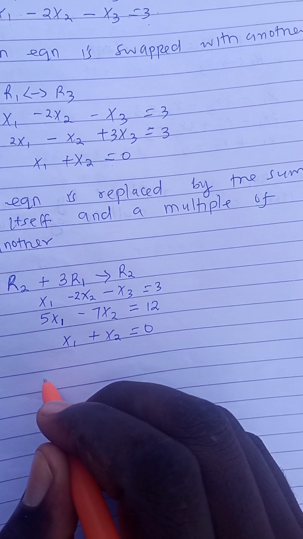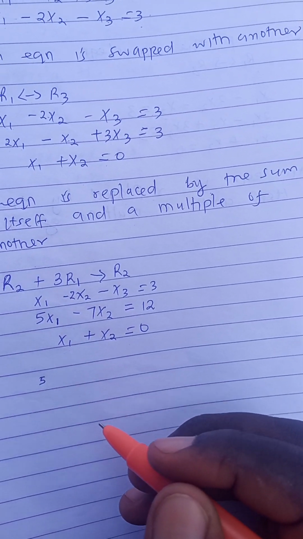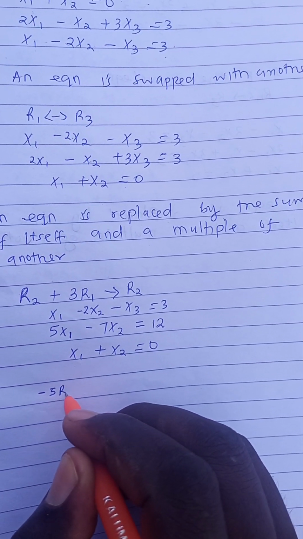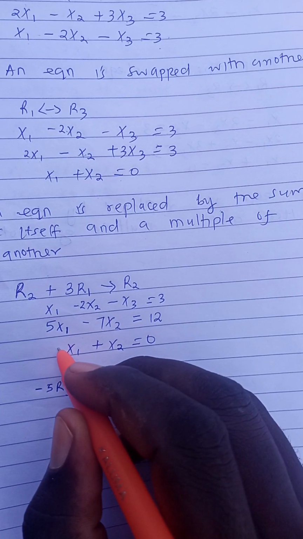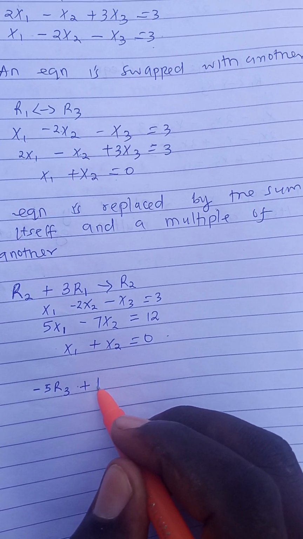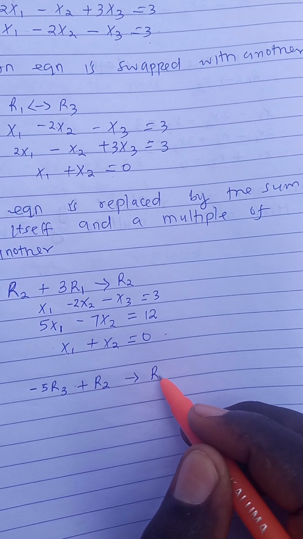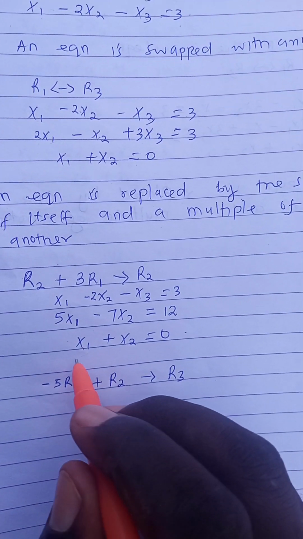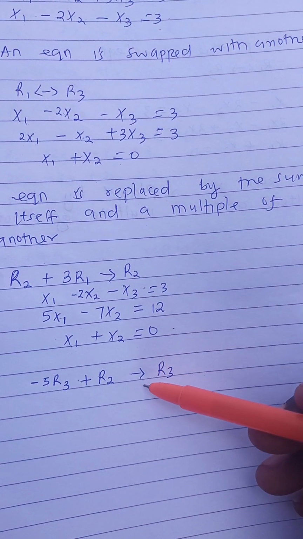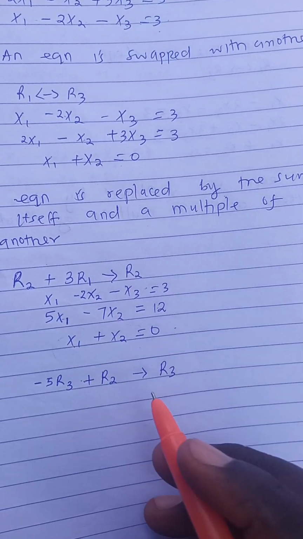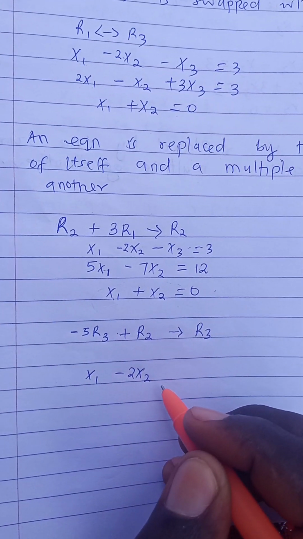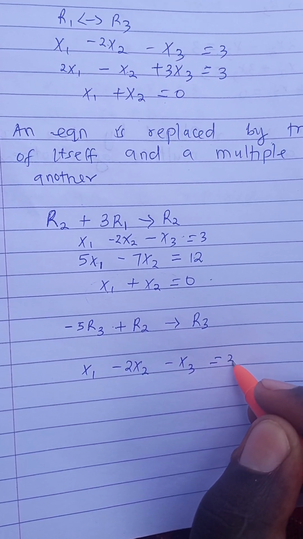So I will have negative 5 row 3 plus row 2. This is row 3. I am replacing row 3. So I will retain row 1 and row 2 because I am changing only row 3. So I will have x1 minus 2x2 minus x3 is equals to 3.